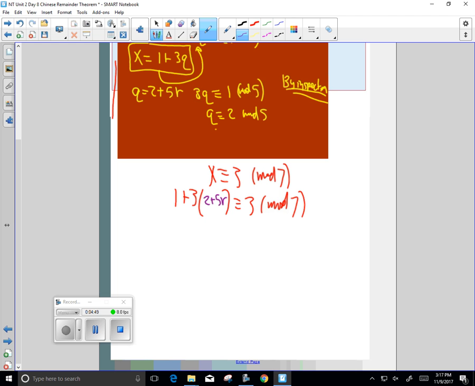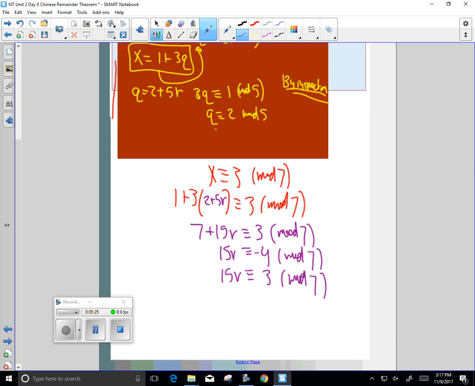So this is going to be 1 plus 6 is 7 plus 15R, congruent to 3 mod 7. And if you subtract 7 from both sides, you get 15R is congruent to negative 4 mod 7. This is what's so interesting about this kind of math. 15R is congruent, well, 15R is congruent to 3 mod 7.